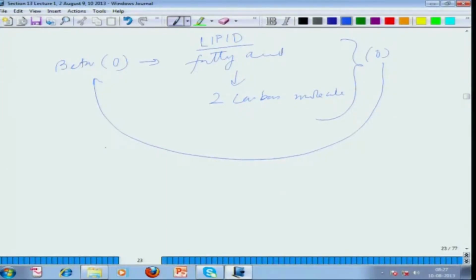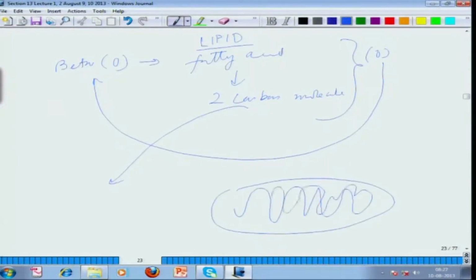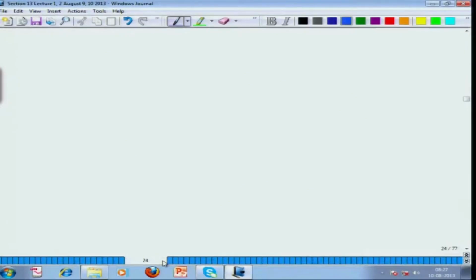So the carbon chain can enter the TCA cycle immediately. Without much problem, this 2-carbon molecule, a byproduct of it, gets incorporated into the TCA cycle.